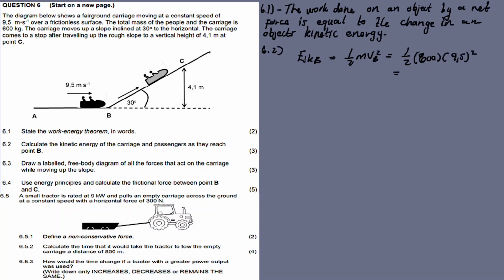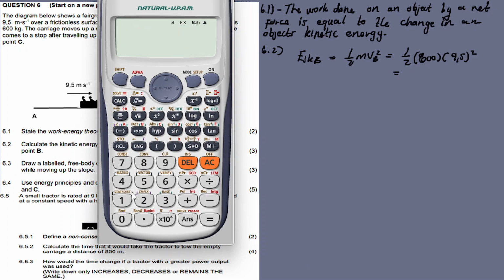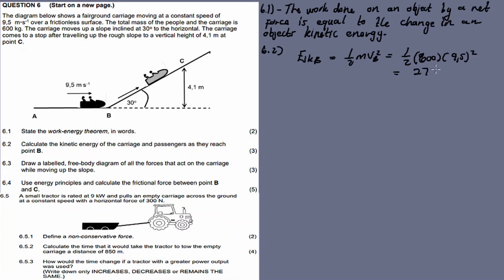We calculate 0.5 times 600 times 9.5 squared, which is equal to 27 075 joules.